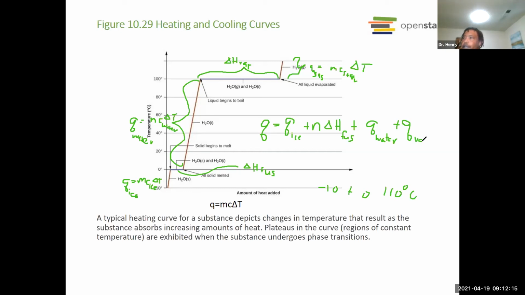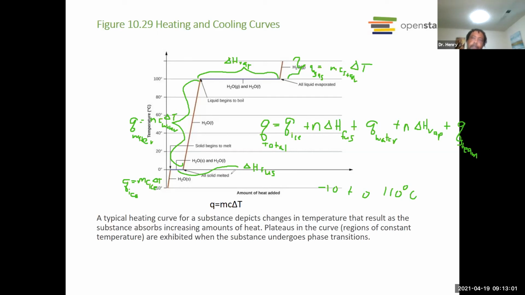Oh, sorry, got carried away. Should be N delta vape, plus Q steam. Okay, and so that's going to give us our value, the total energy for this process.